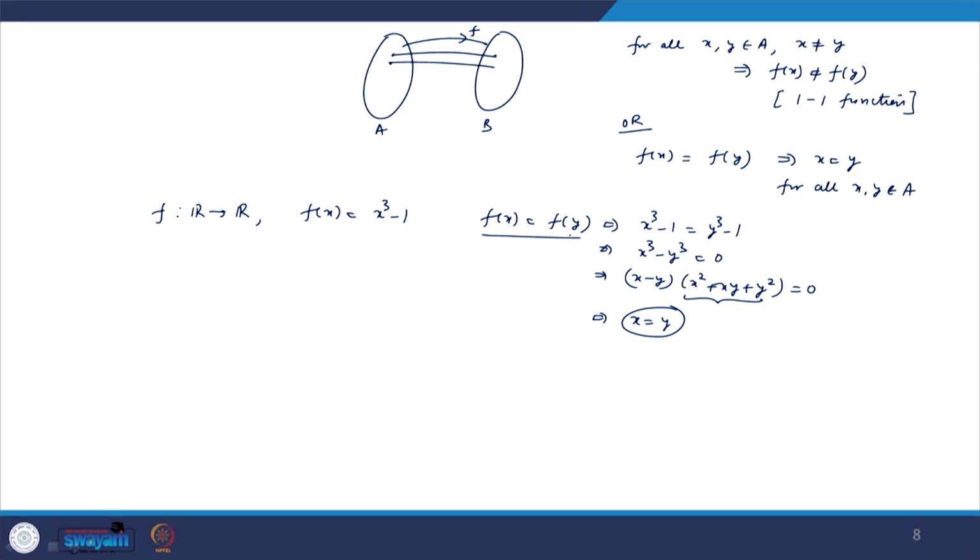So, this f x equal to f y implies x equal to y. So, this implies f is 1 1 function. Okay.